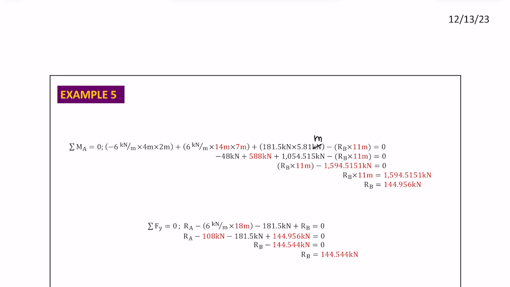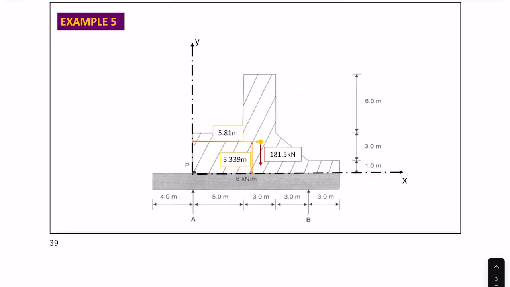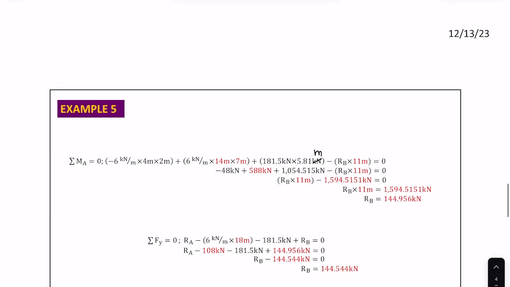And last kali, we have the reaction itself, which is RB. Going to A, this is counterclockwise. And the distance going to be 11 meter. So negative RB times 11 meter equal to 0.